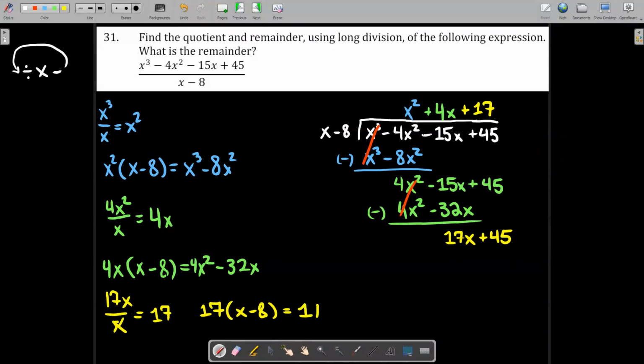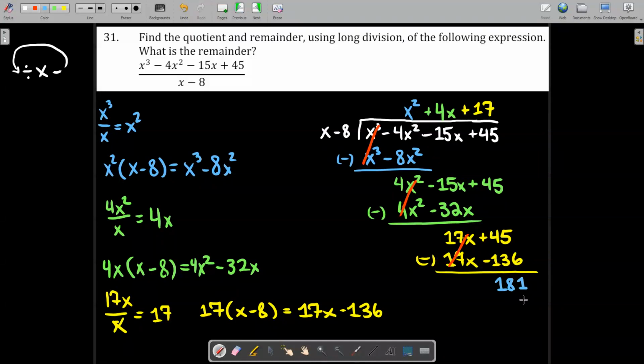That's going to be 17x, and then 17 times -8 would be -136. So we'll put that right here, 17x minus 136. And once more, we are subtracting a negative. So the 17x cancels out. 45 plus 136 is going to give us 181.